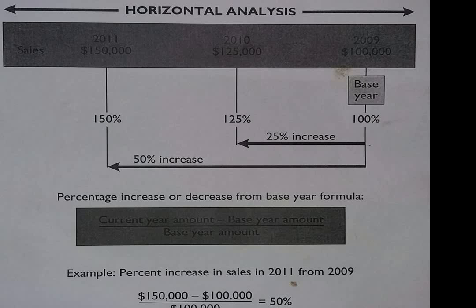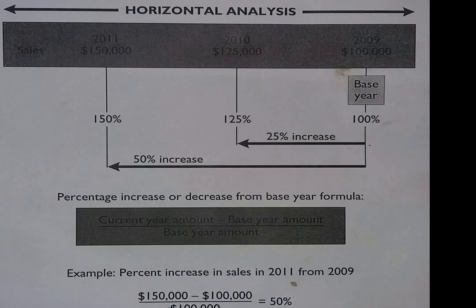We compare 150,000 to 100,000. The difference would be 50,000, which represents a 50% increase. Also, the base year is 100%, and the year 2011 is 150%, then the difference is 50%.